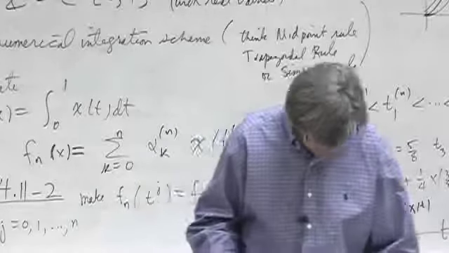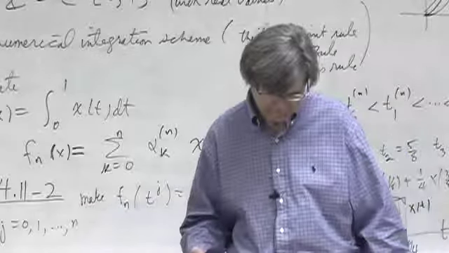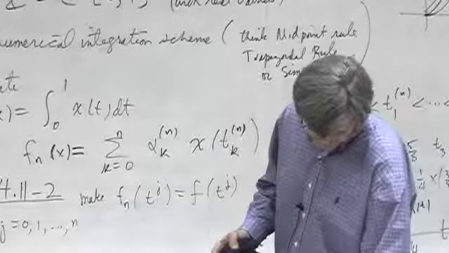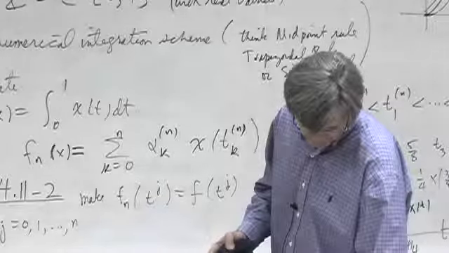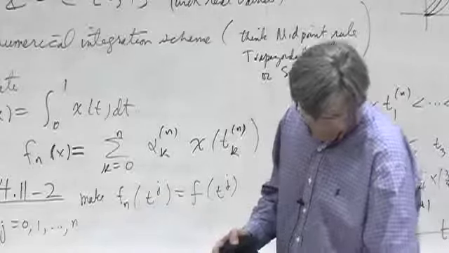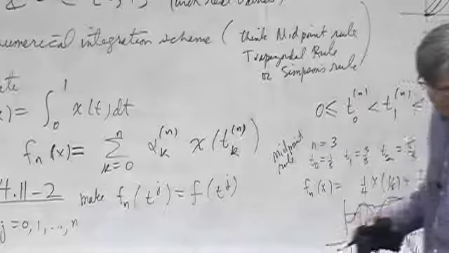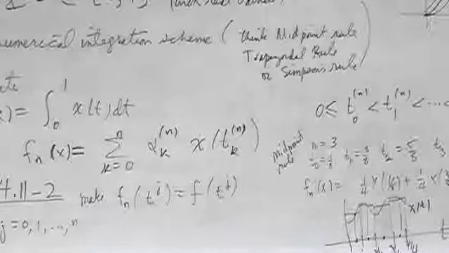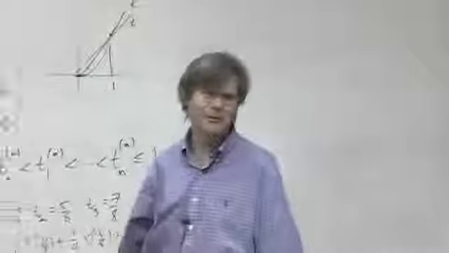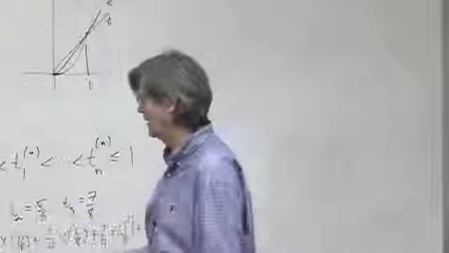What I did is I took 5 sample points, I guess. So n equals 4, which corresponds to 5 sample points, because that's the way he's defining this thing.